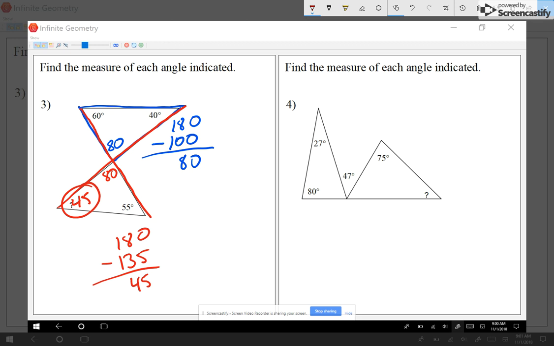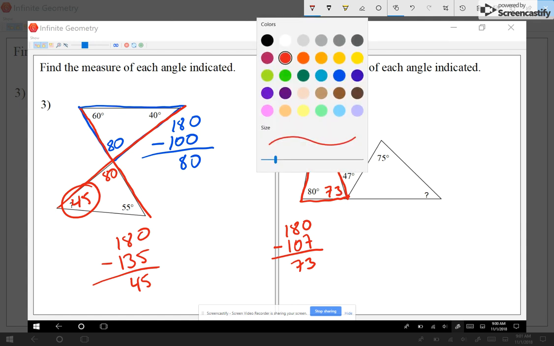Same thing with number four. I'm going to start with a triangle that has two angles given, in this case 80 and 27. If I add those two numbers, that gives me 107. Subtract it from 180, and that will give me 73. So that means this angle here is 73.